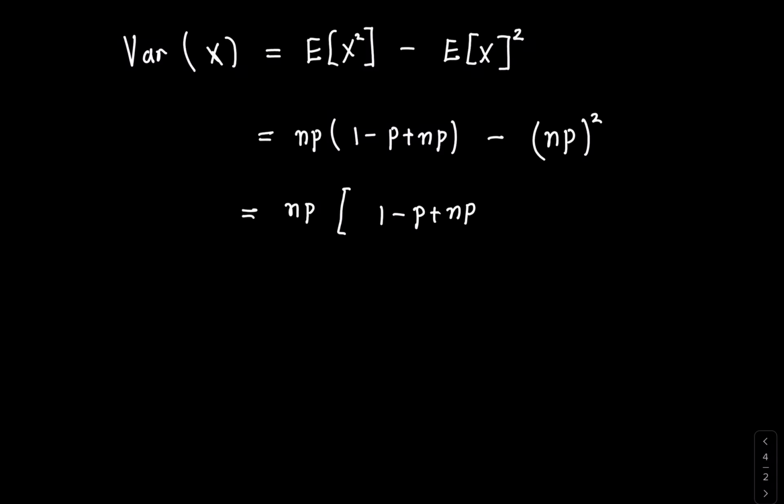And then we've got to subtract np out as that factor. These two cancel out, the plus np and the minus np, and that gives you np times 1 minus p, which we do know to be the variance of the binomial distribution.